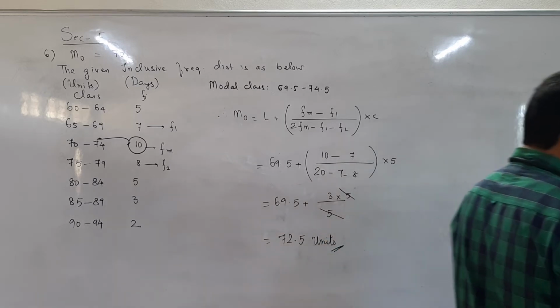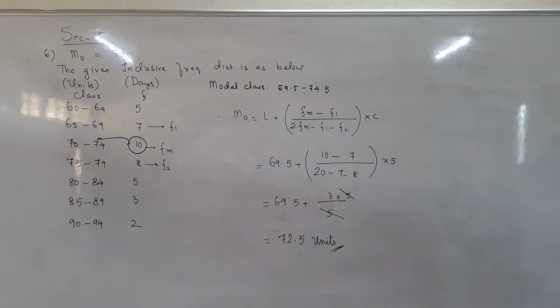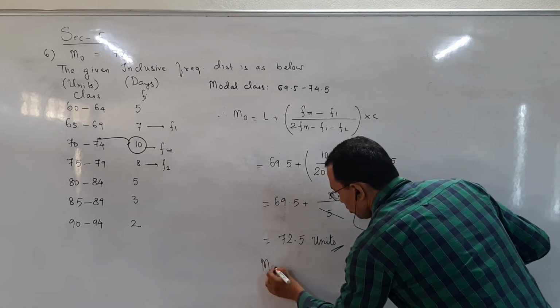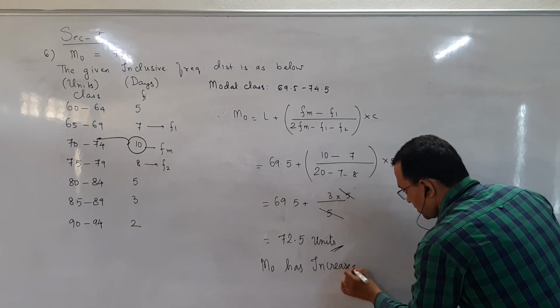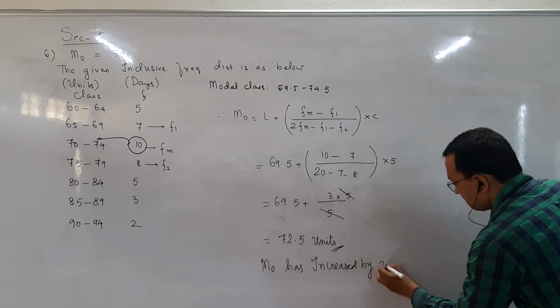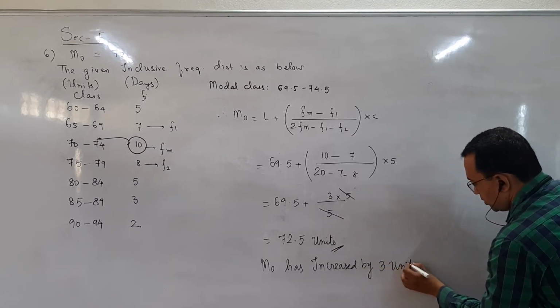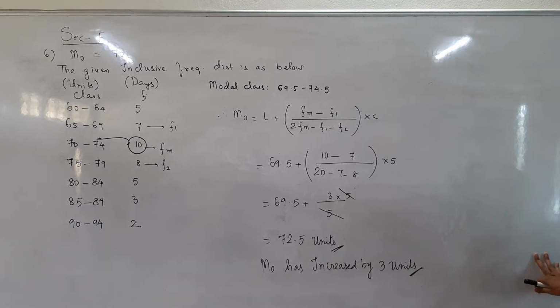Next. So what we are told, is there any change in the mode of number of items produced? Of course, yes, there is a change. Or you can say the mode has increased by 3 units, approximately, students. Because the number of units produced are not in decimal.